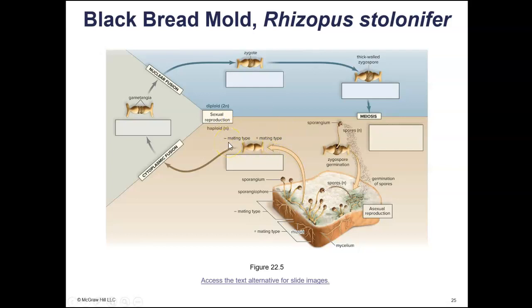Notice how they don't refer to them as male and female, they refer to them as negative mating type and positive mating type. Those hyphae will fuse and form a zygote, and then that zygote will form a zygospore, and the zygospore will undergo meiosis, and spores will be produced, and then the cycle will continue. So it's just a cycle of spores and hyphae.